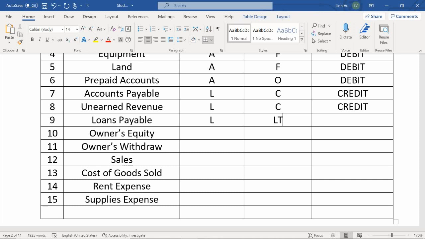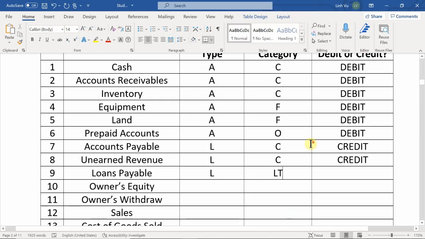A short-term loan could easily be as short as six to nine months usually. But in this case, most likely it is going to be a long-term loan, especially for a business loan, not a personal loan. It's most likely going to be more than a year.